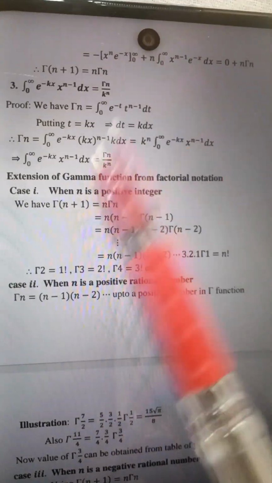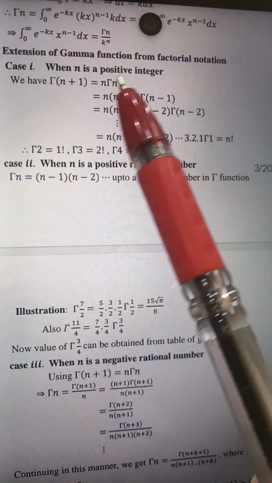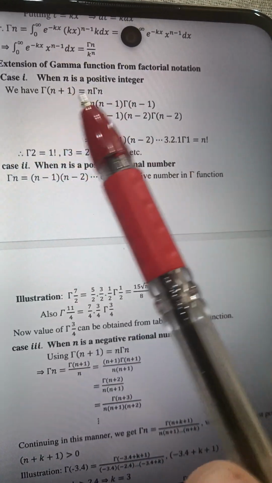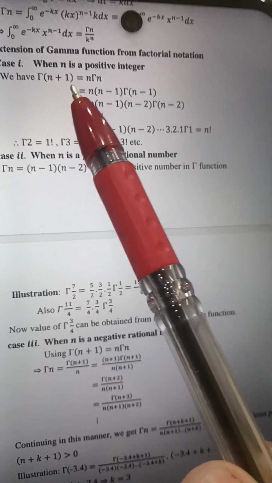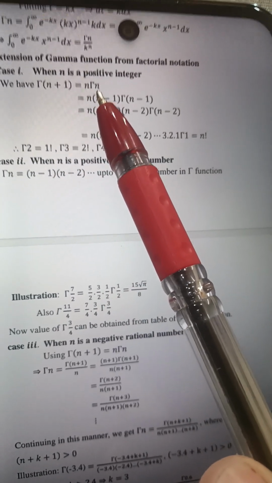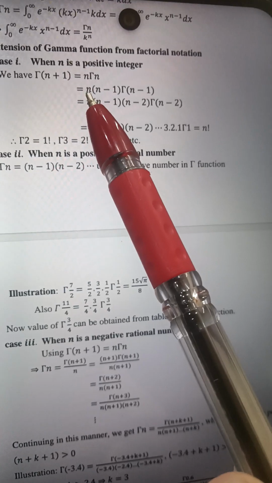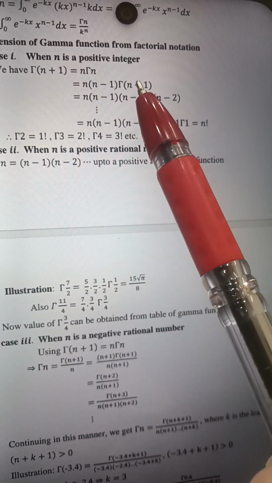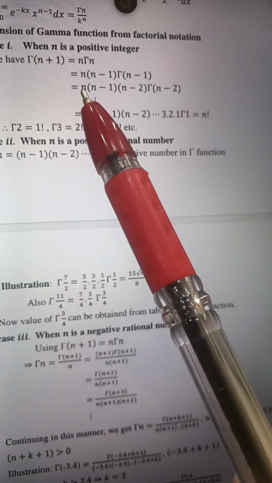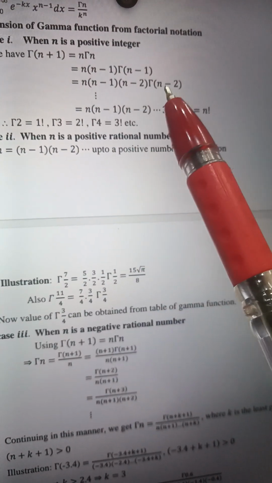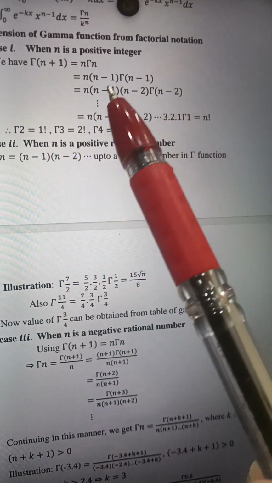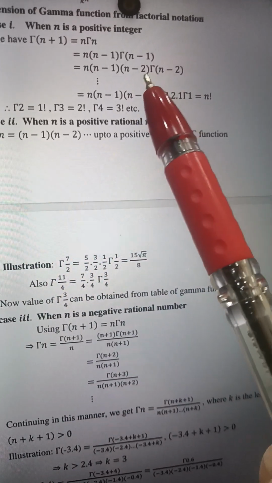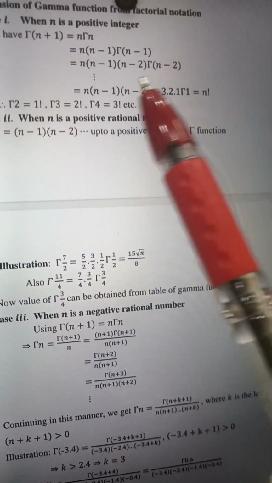Now, first case: when n is a positive integer. See, factorial n plus 1 is equal to n factorial n. We can write n times (n minus 1) factorial n minus 1. Similarly, we can write n(n minus 1)(n minus 2) factorial n minus 2. I hope the pattern is clear to you. The next term will be n(n minus 1)(n minus 2)(n minus 3) factorial n minus 3.